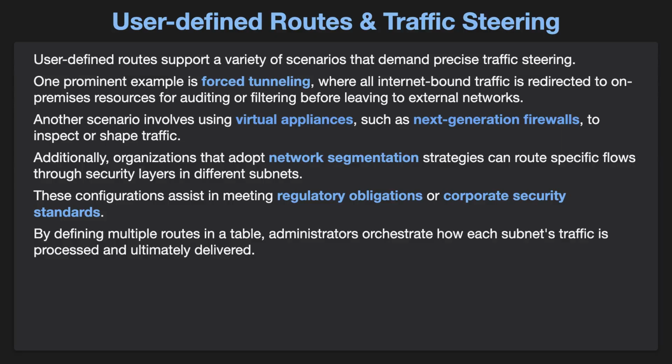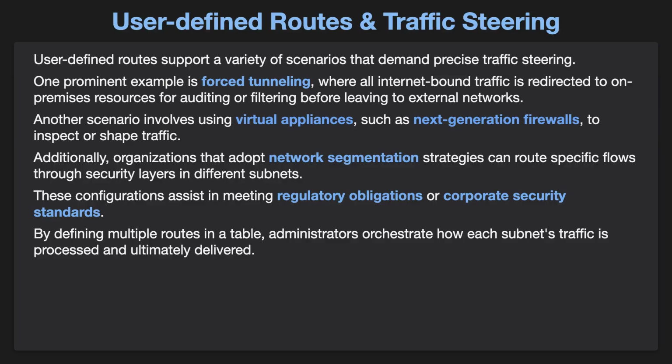User-defined routes support a variety of scenarios that demand precise traffic steering. One prominent example is forced tunneling, where all internet-bound traffic is redirected to on-premises resources for auditing or filtering before leaving to external networks. Another scenario involves using virtual appliances, such as next-generation firewalls, to inspect or shape traffic.